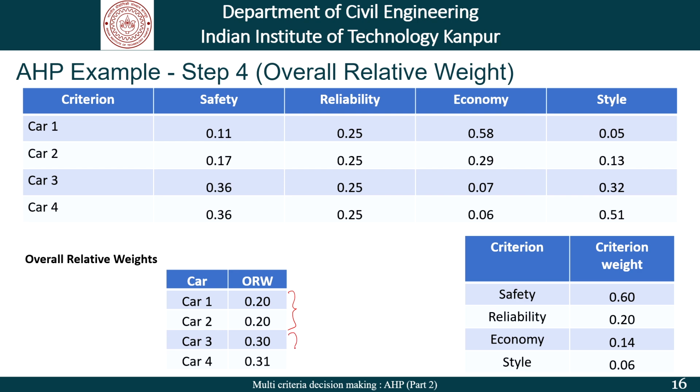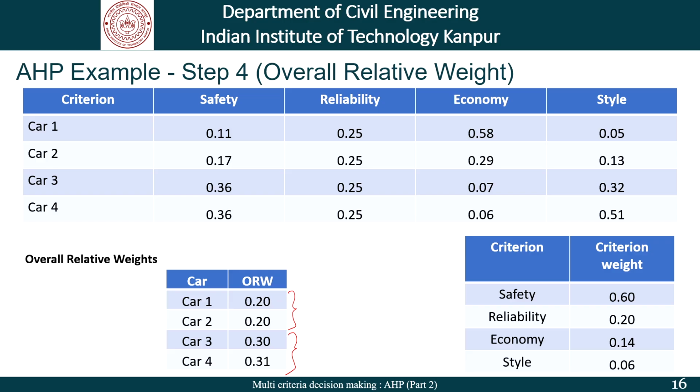Similarly, car 3 and car 4 have similar overall relative weights. The alternative which has the highest overall relative weight is the one which should be preferred. So, the alternative which has the highest weight is selected by the decision maker.